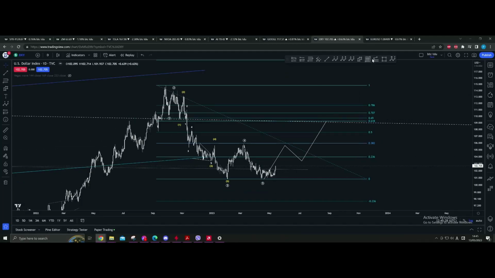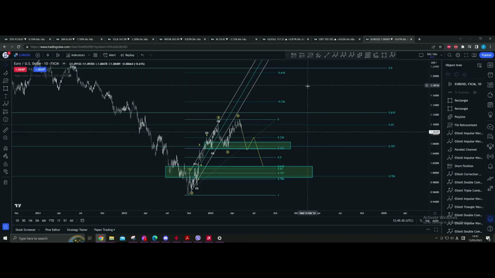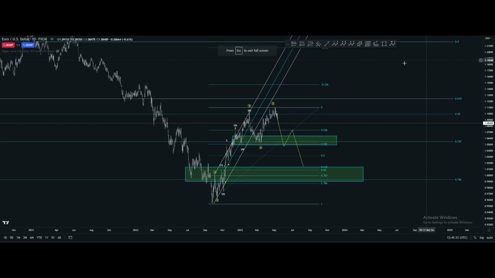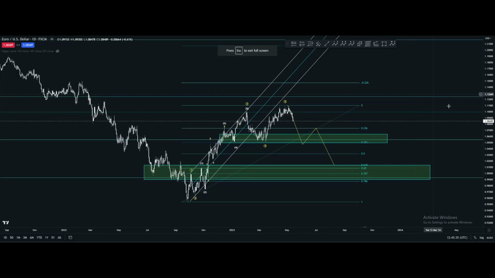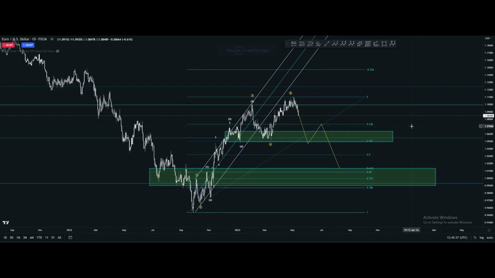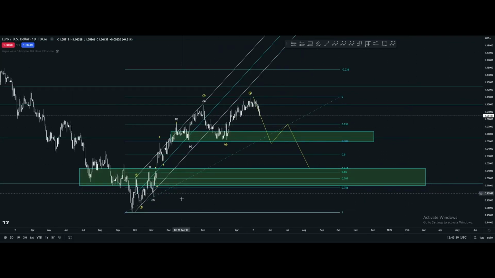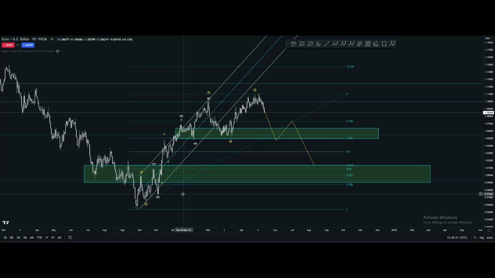and inversely, Euro, it's literally doing the opposite. Also, I can find arguably 5 waves, and inner 3rd wave is extended, and there is another small impulse inside of the 3rd wave.